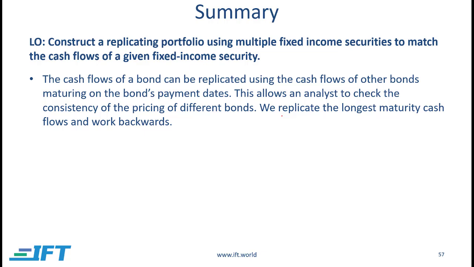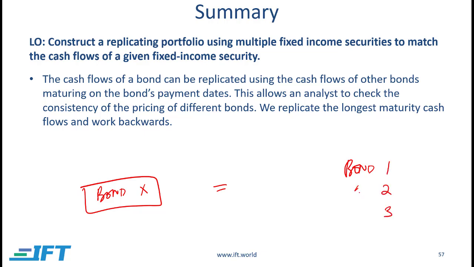Now what that means is, let's say I have a bond XYZ over here, and I am not using strips, I'm using other bonds. So let's say I'm using a bond which is 1 year maturity and then 2 years maturity and then 3 years maturity. First, this bond, let's say this is also a 3-year maturity bond, and this is going to mature in 2026, let's say.